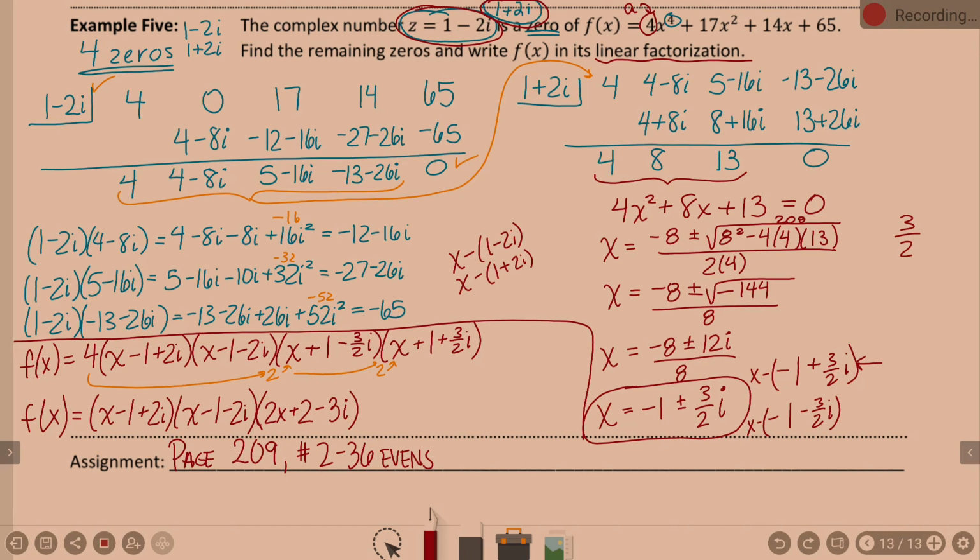It's times 2 over 1, so the 2s will cancel and you just have the 3. Okay? And multiply the other factor by 2: 2x plus 2 plus 3i. That's going to be the final answer you're going to see in the answer key.